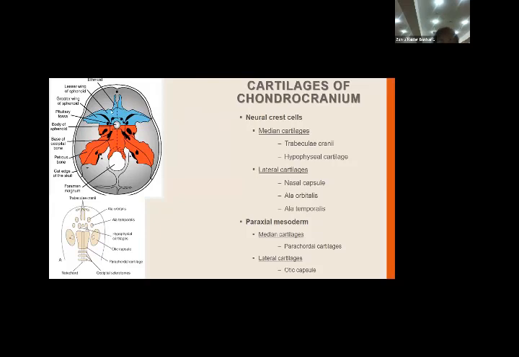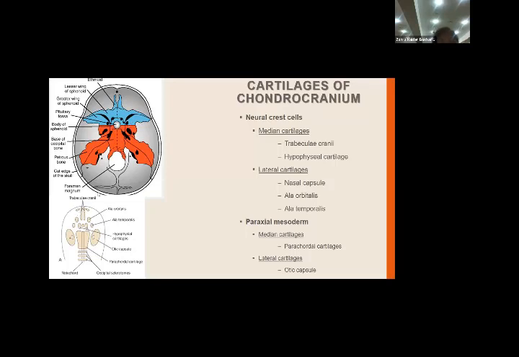Now, the neural crest develops into which cartilages? Neural crest cells, in the midline, form the trabecular cranii and hypophyseal cartilage. So anterior to this line, this was the cranial limit of notochord. Okay? So anterior to this part, all these cartilages develop from neural crest cells.